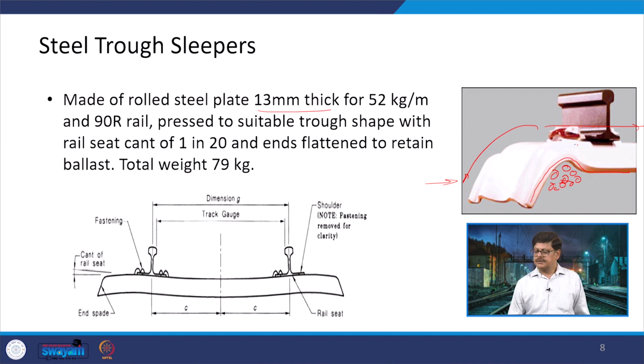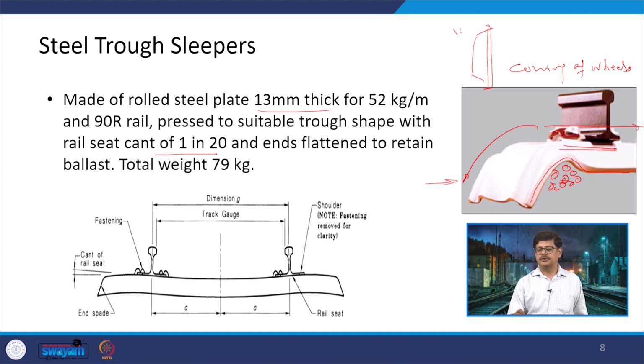And at the rail seat here at this particular point where the rail is being seated, a cant is provided as 1 in 20, and this cant is required because we talked about the coning of wheels, and in that we found that the wheels have been coned. So, it was like this if you remember.